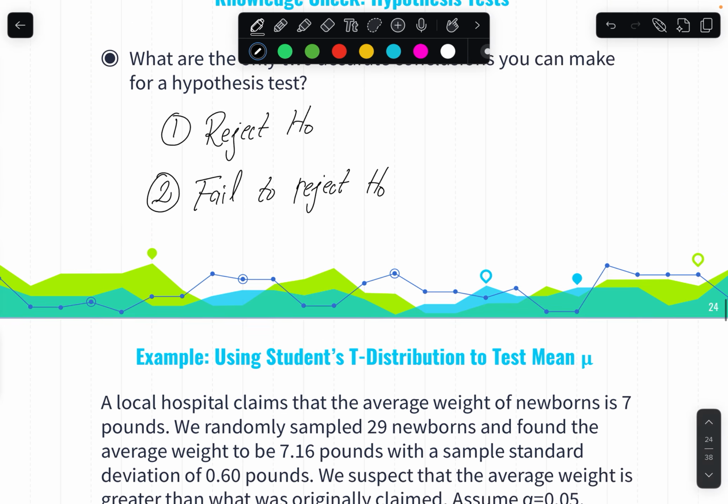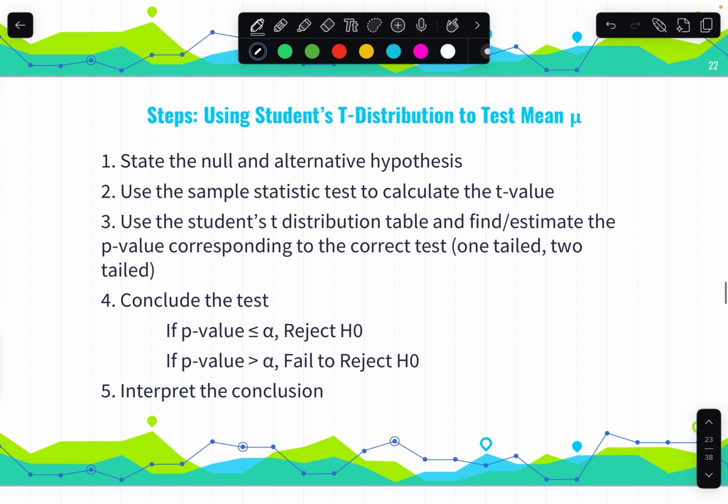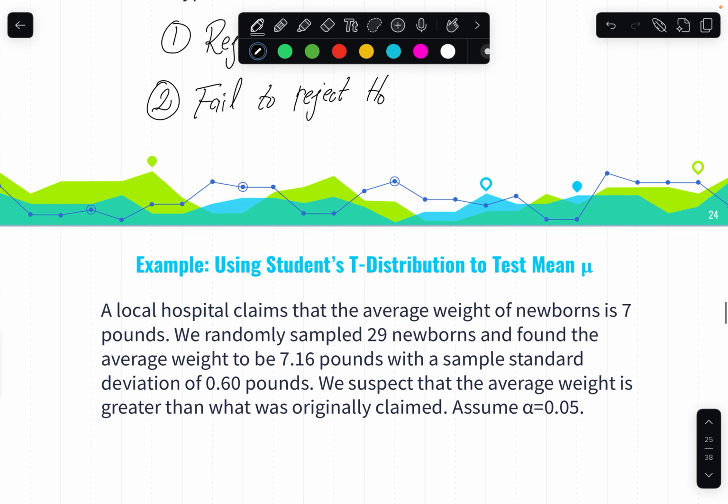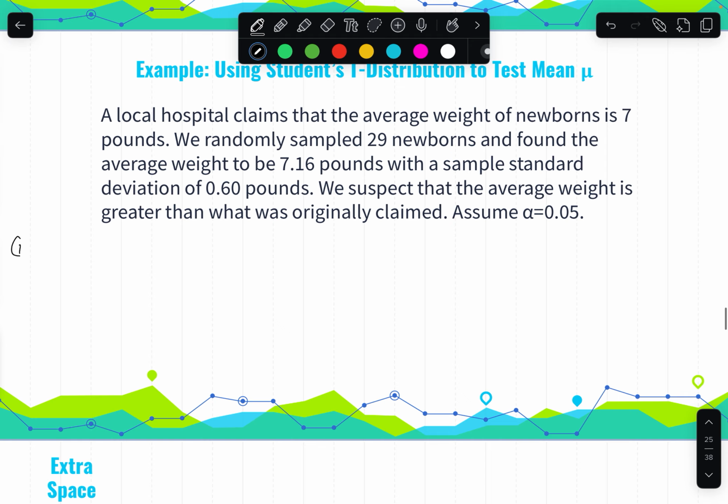Let's figure out what we've got to do first. We've got to state the null and alternative hypotheses. So when writing out the null and alternative hypotheses, we first want to determine what kind of problem we're working with here.